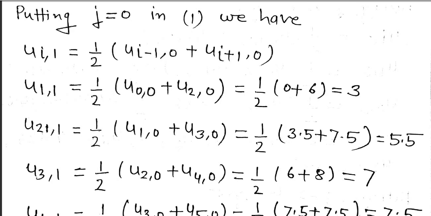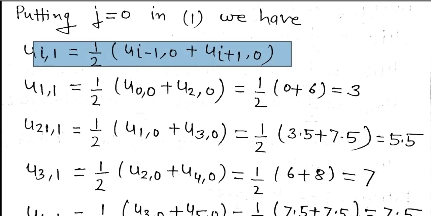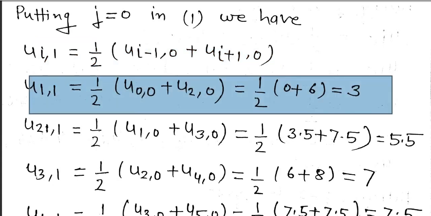Whenever you put j is equal to 0 in equation number 1, then we have u(i, 1) is equal to 1 by 2 [u(i-1, 0) + u(i+1, 0)]. Now u11 is equal to 1 by 2 [u00 + u20], which is equal to 1 by 2 [0 + 6], which is equal to 3.